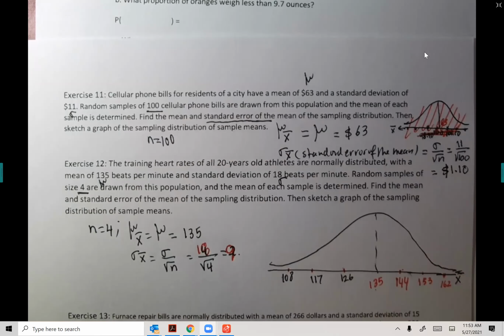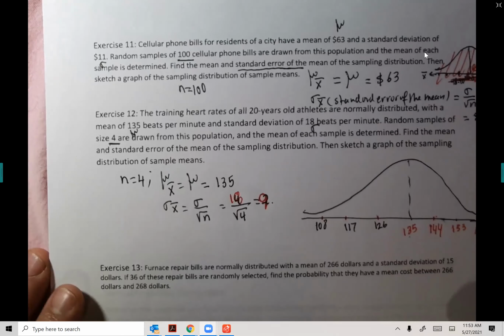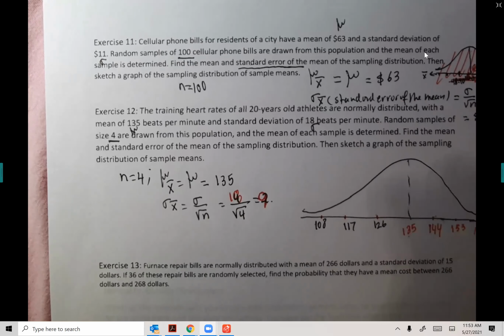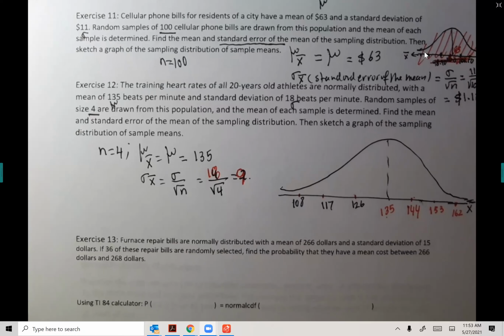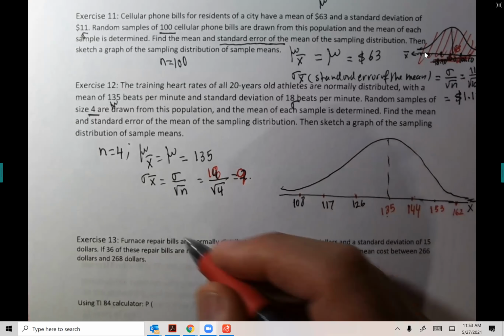Last question, guys. Now you will see how to find the probabilities using samples. That will be the last one. Furnace repair bills are normally distributed with a mean of $266 and a standard deviation of $15.